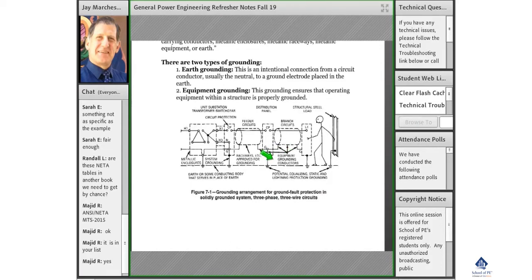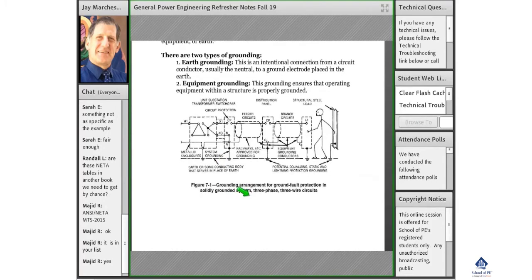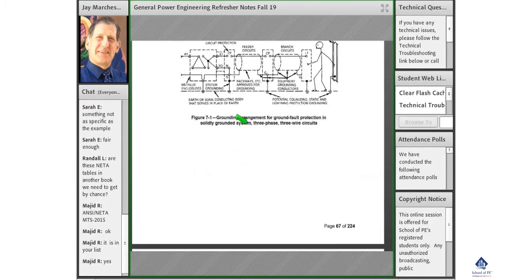And so you'd have equipment grounding conductors basically for safety purposes. But then over here you'd have an earth grounding system because it's connecting the neutral of this Y-wound circuit here to earth ground. So two different types of grounds there.